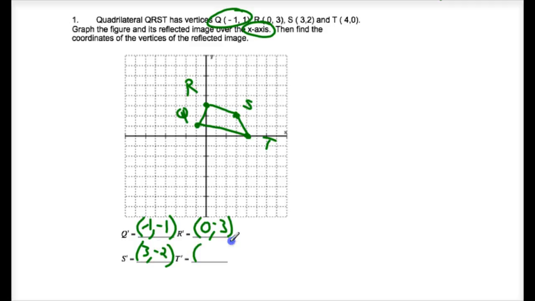Mr. Lance, what's T prime? Watch this. 4 comma 0. You know what they said last period? 4 comma negative 0. Okay. Can 0 be negative? No. No, it's neutral. It's not positive nor negative. So, if the value is on the x-axis, it's going to stay there.